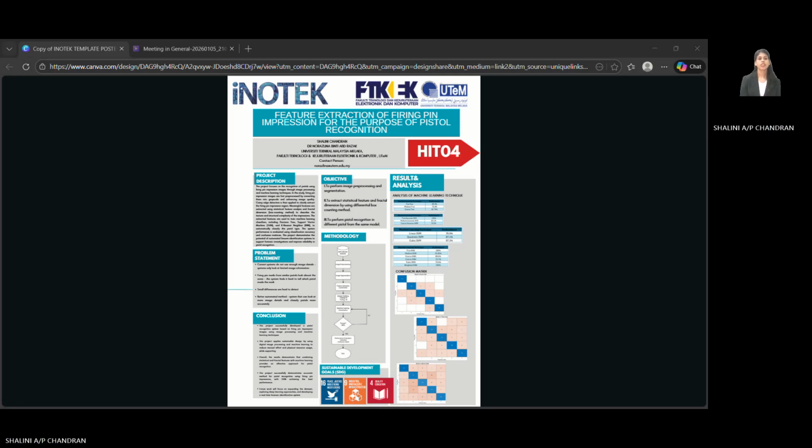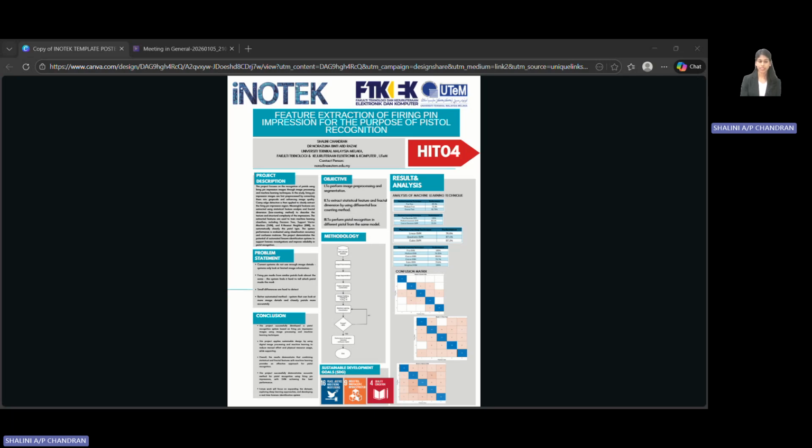So based on the background, several problem statements were identified. The main problem is that current systems do not use enough image details. So because of this, firing pin marks from similar pistols look almost the same to the system. So when pistols are from the same model, their firing pin marks look almost the same.